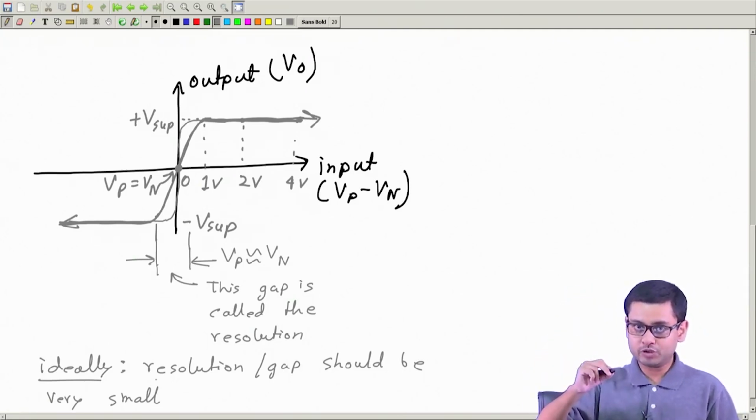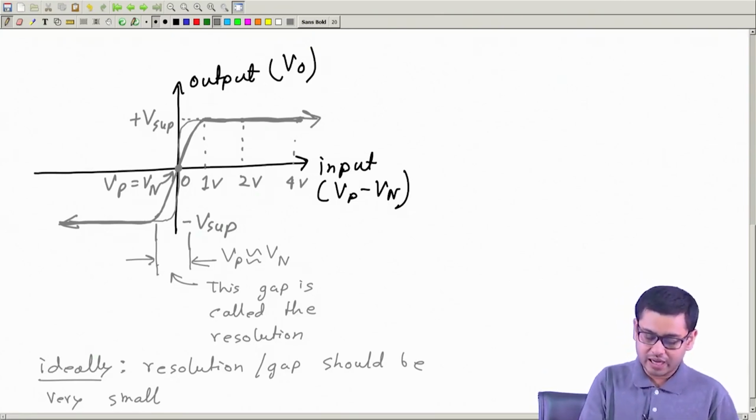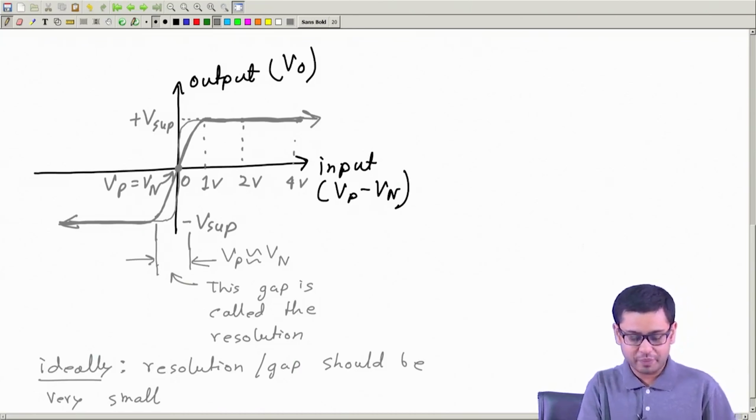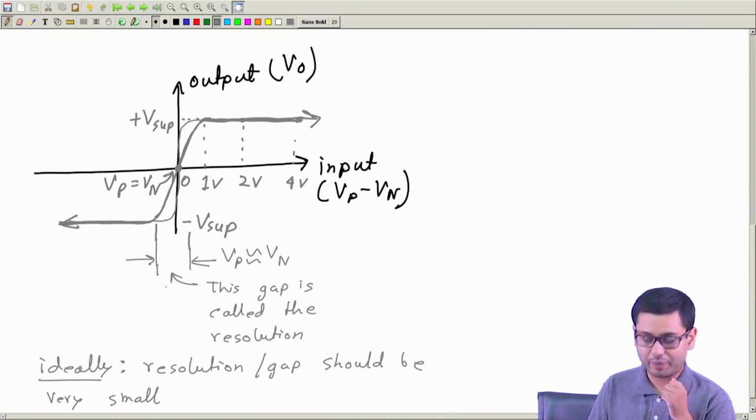It makes the output somewhere in between, depending on how large Vp is compared to Vn or how large Vn is compared to Vp. So this is the region where the op amp is confused. The smaller the region is, the better the op amp. That's the main thing one should know about the op amp.